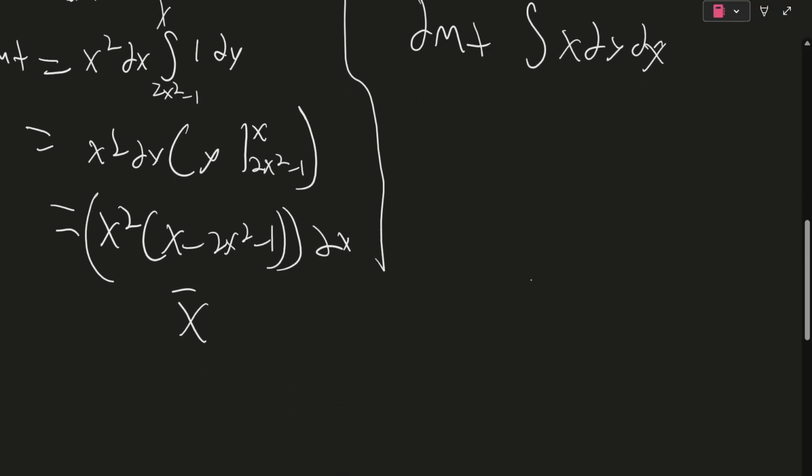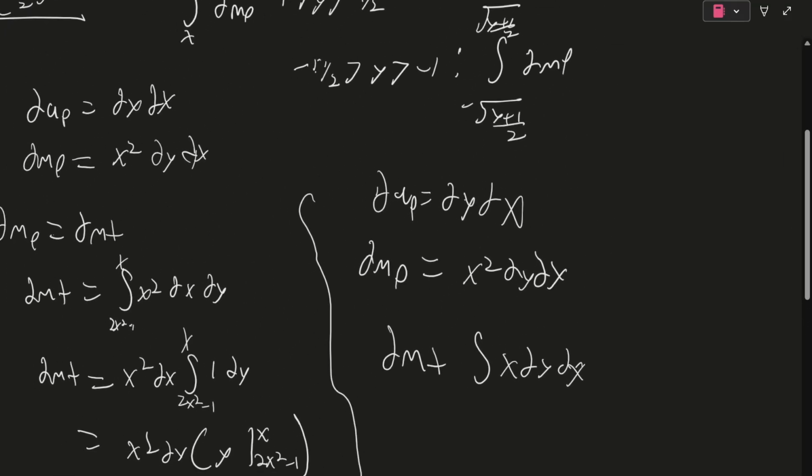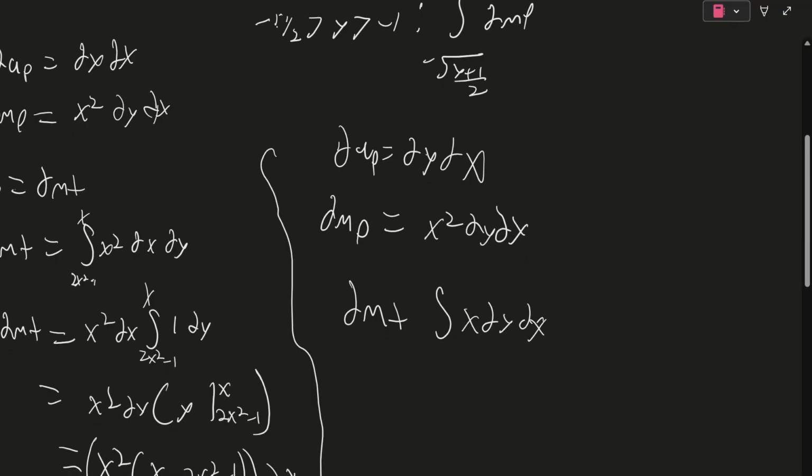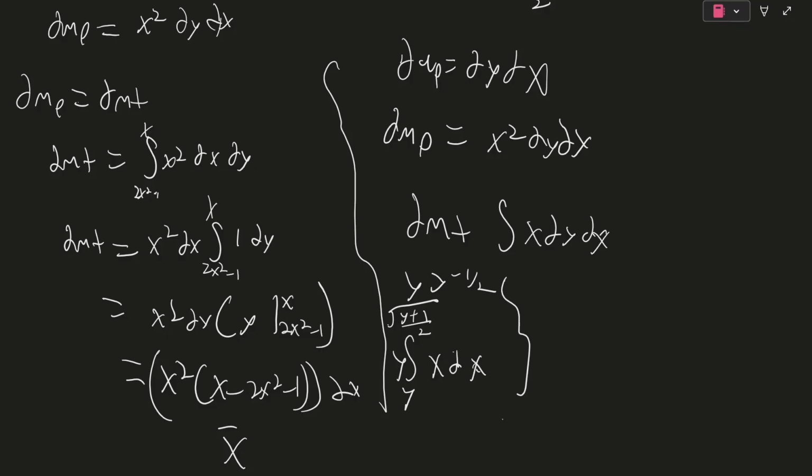All right, so now we'll simplify this. Whenever y is greater than -1/2, it is the integral from y to square root of y plus 1/2 of x dx multiplied by dy.